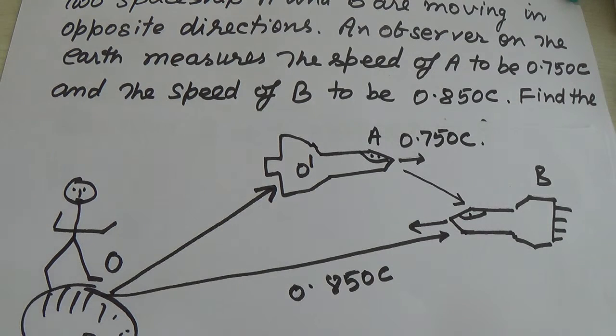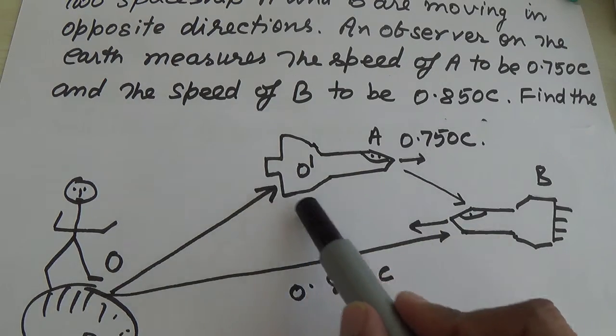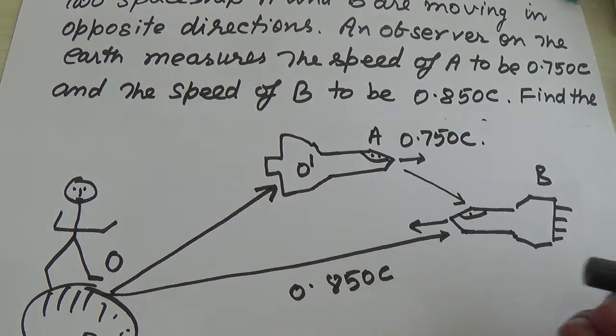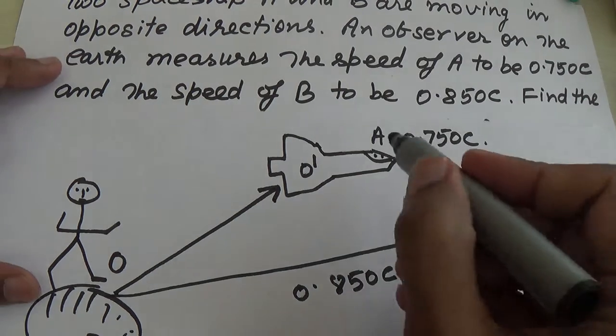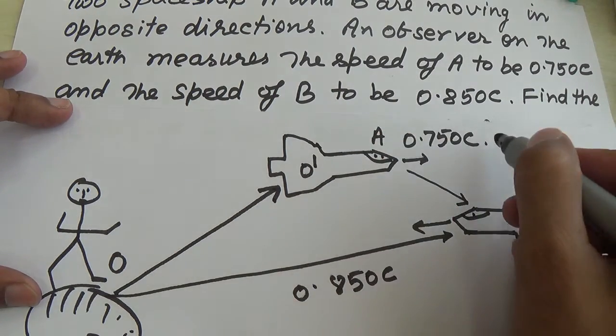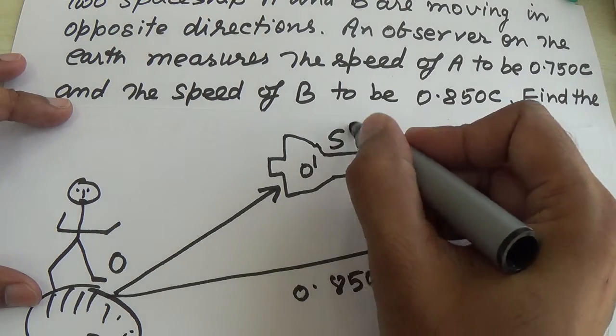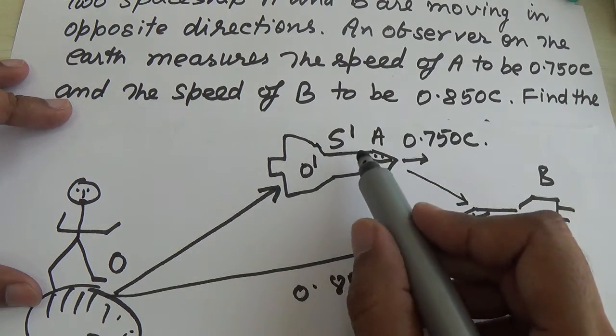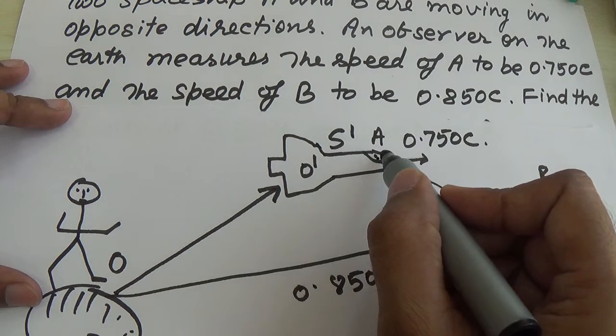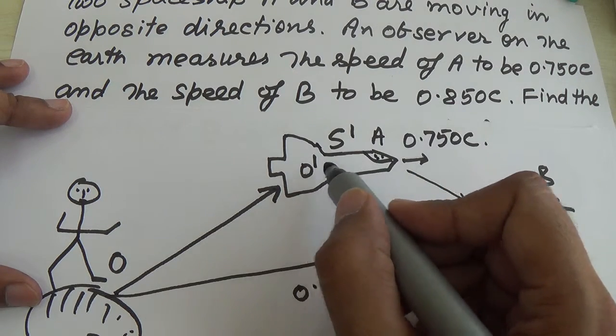As I discussed earlier in this clip art, when the biker throws the ball in the opposite direction, that is basically u minus ux prime. Similarly here, one spacecraft we have to assume as the s prime frame. So I am considering spacecraft A as the s prime frame. If this is the s prime frame, the pilot of this spacecraft will be O prime.